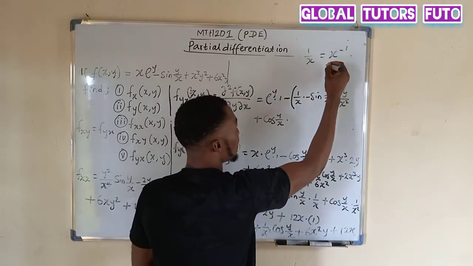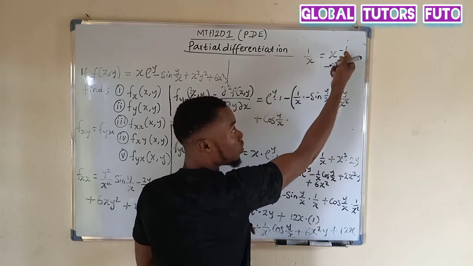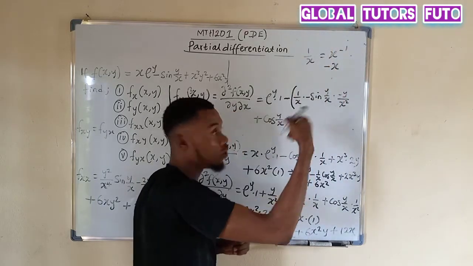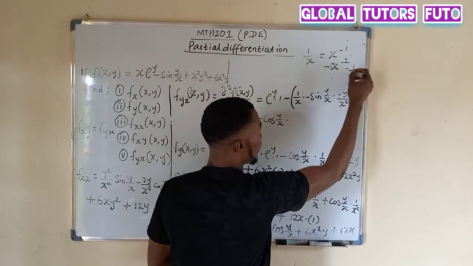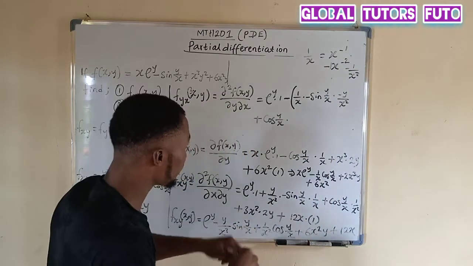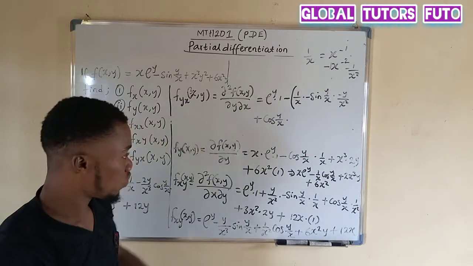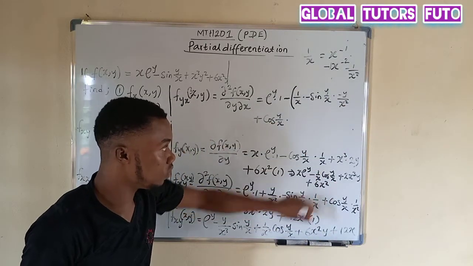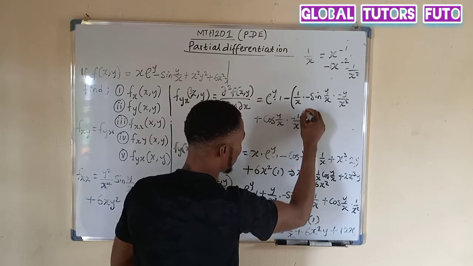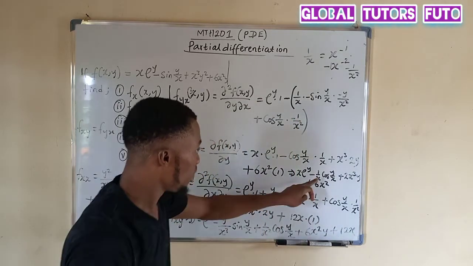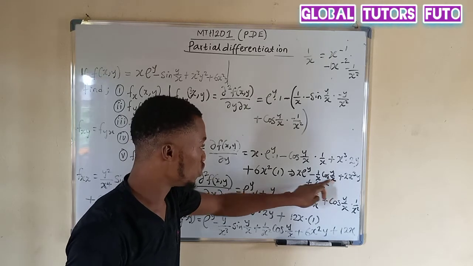So when differentiating, the minus 1 will fall, so it is minus 1 x to negative 2, which is minus 1 over x squared. So when we keep this constant and differentiate 1 over x, it gives us minus 1 over x squared. So we have done v du plus u dv.